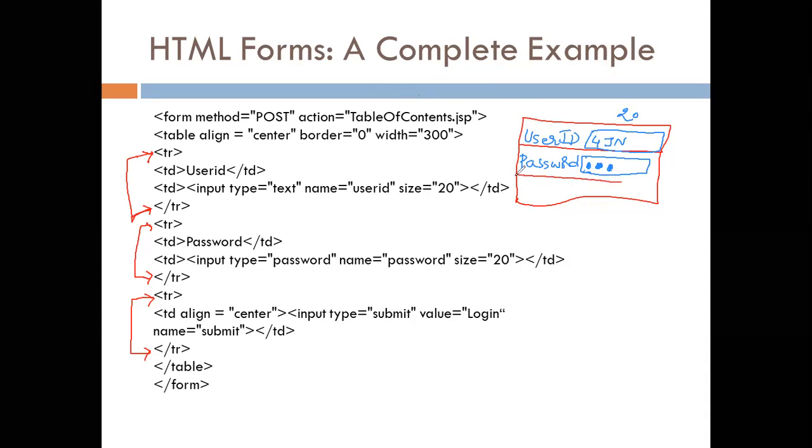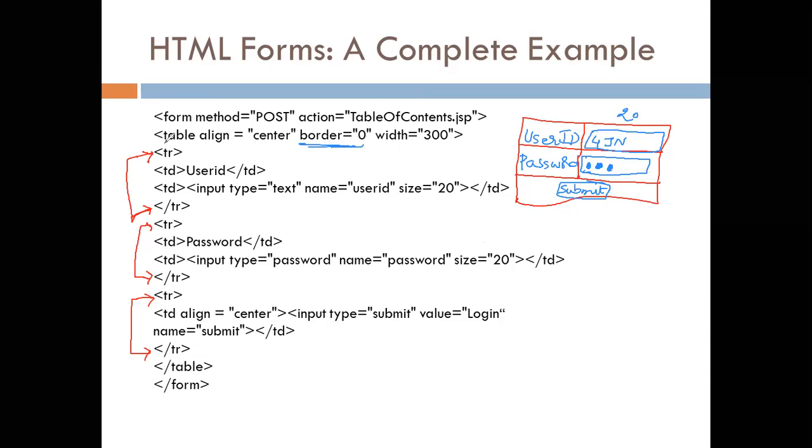So the table will now be like this, because in the third row only one element is there, and here we will have only one button, that is the submit button. So a submit button will appear over here. Since border is 0, whatever borders I have written in red color will not be there.